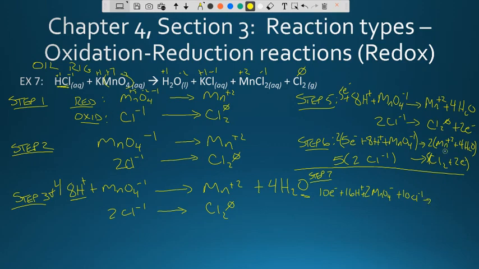On this side, I have 2 manganese ions. I have 8 waters. I have 5 times my chlorine there, so that's 5 Cl2s, and I have 10 electrons. Okay, so I've added that all up.